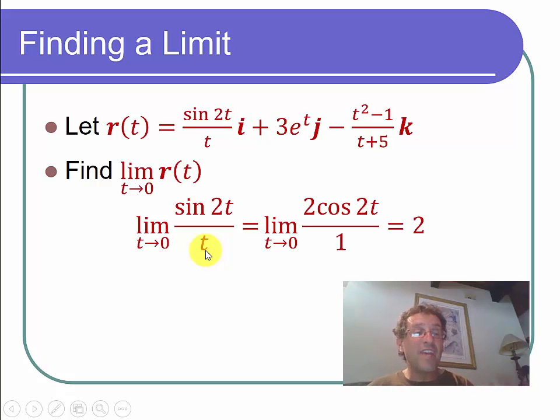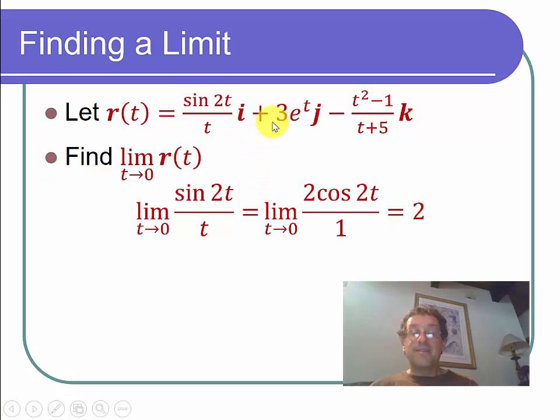So I'm going to use L'Hopital's rule, which you can do when you get 0 over 0, and we take the derivative of sine of 2t, use the chain rule, derivative of 2t is 2, and the derivative of the sine function is the cosine function, and you plug in the 2t. So the numerator becomes 2 cosine of 2t. Denominator, derivative of t is 1. Now we could plug in, cosine of 0 is 1, so you get 2 times 1 over 1, which is just 2.